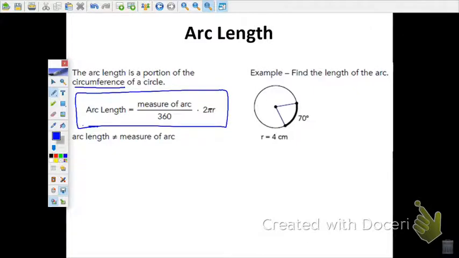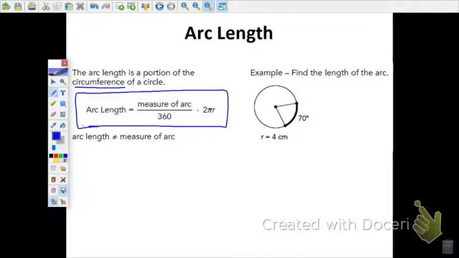Arc length then is the measure of the arc, which we just got done looking at, divided by 360, which is a full circle, and then multiplied by your circumference, which is 2 pi r. So that's your formula.